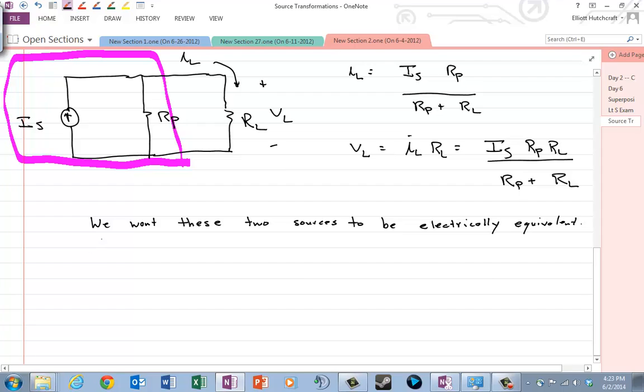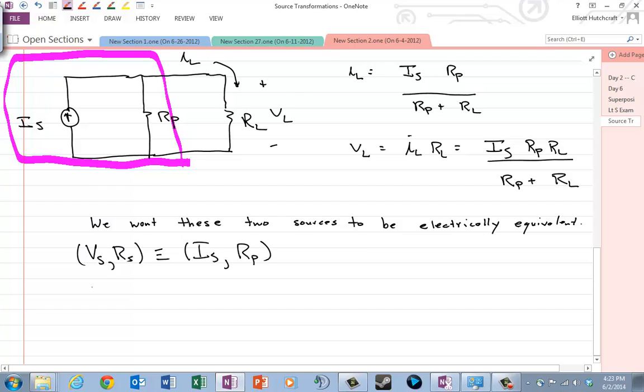And what that means is, we want VS and RS to be somehow equivalent to IS and RP.